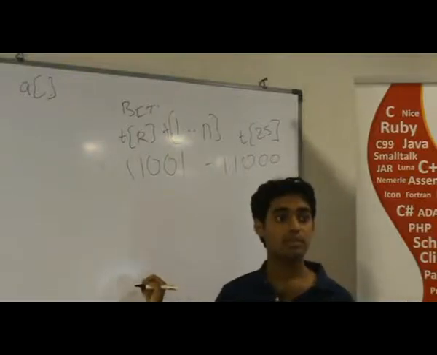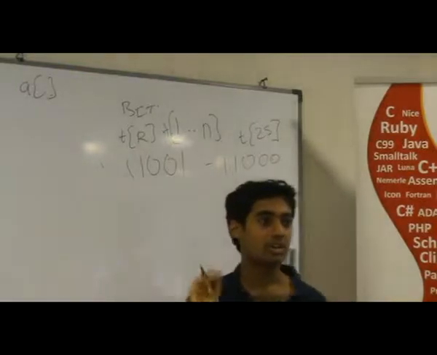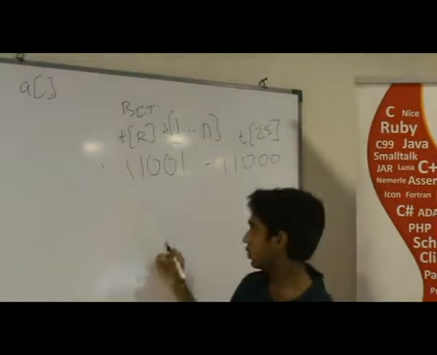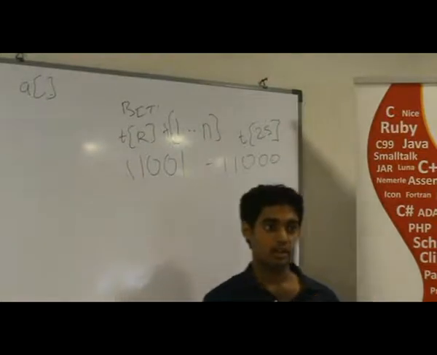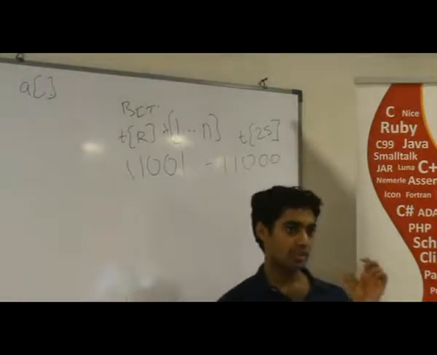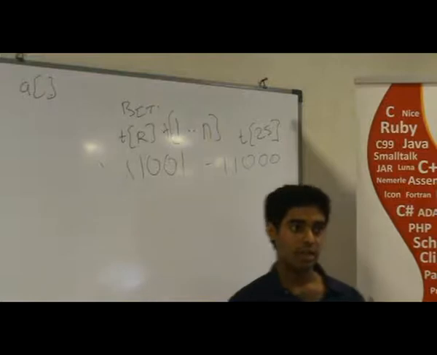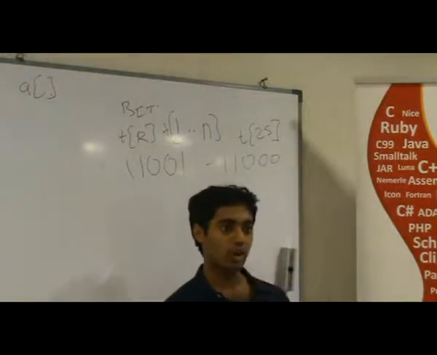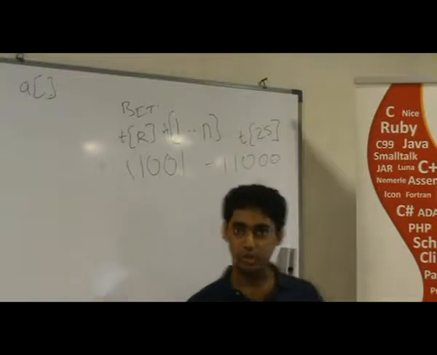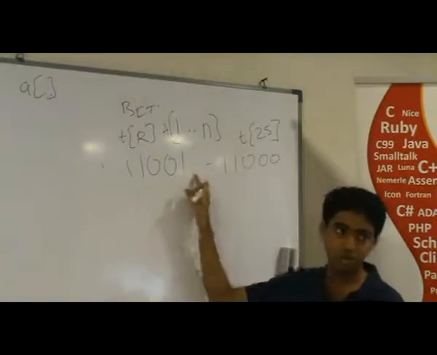Say you want to find out what's stored at location k. We first represent k in binary format. The next thing you do is turn off, make 0, the lowest set bit in the binary representation. I took the example of 25, that's 11001.